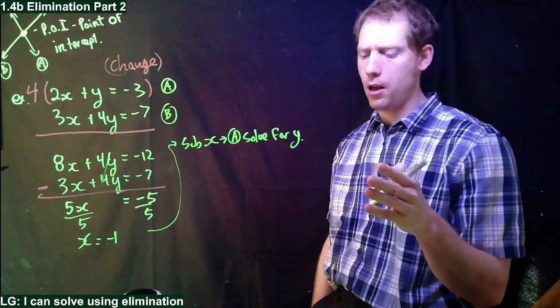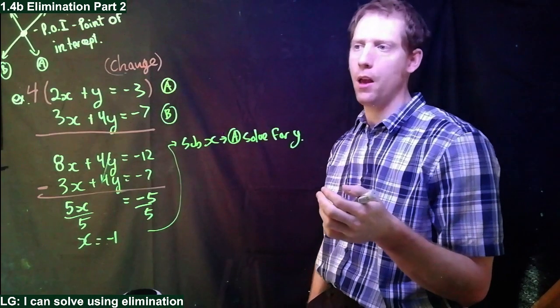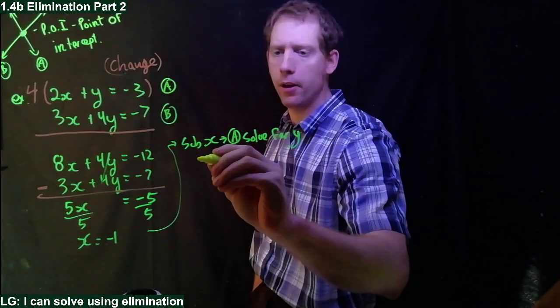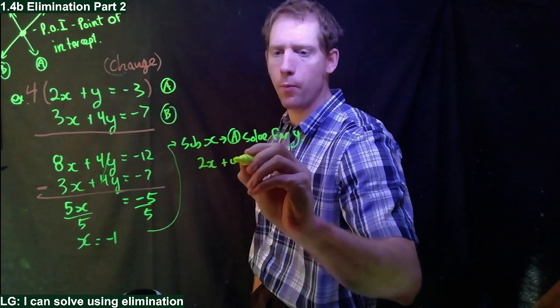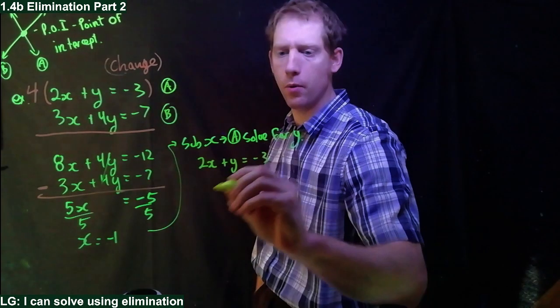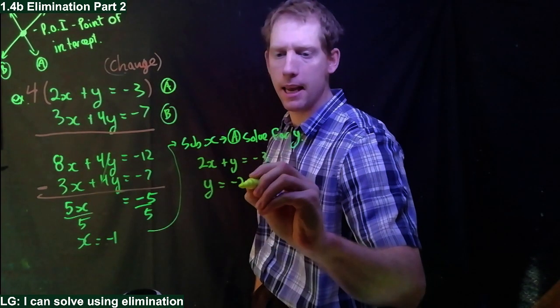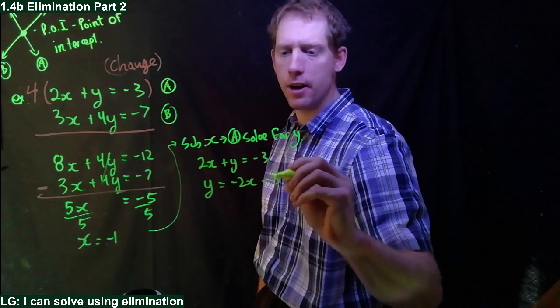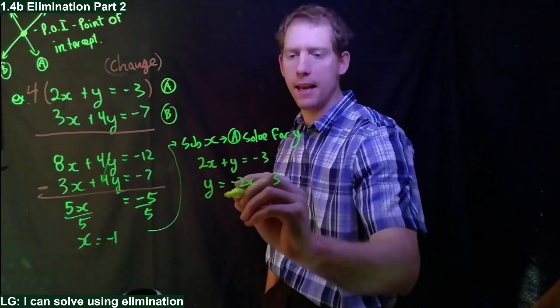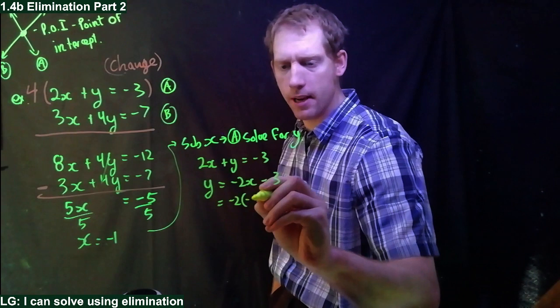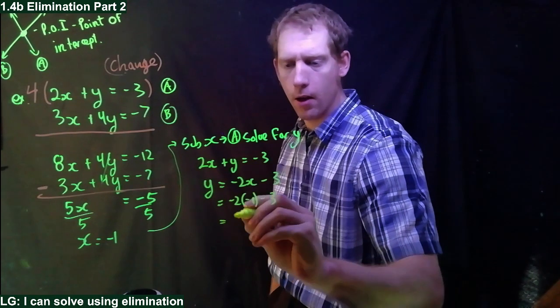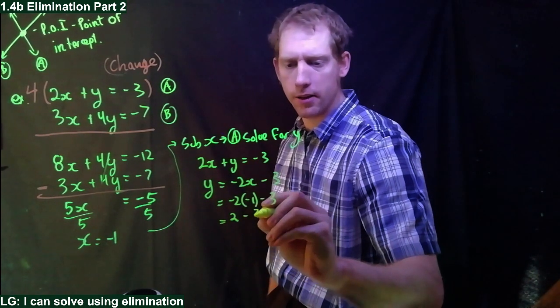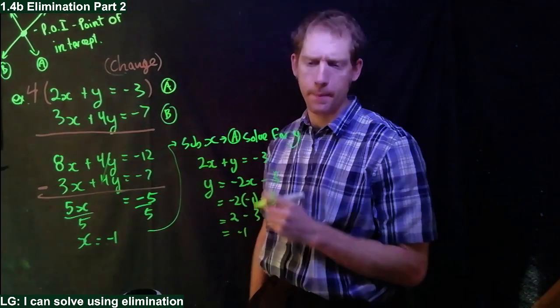There's always an x and y variable in this case. So I have 2x plus y is equal to -3. I just want to find out what y is. y is equal to -2x minus 3. Substituting that in, y is going to be -2 times -1 minus 3. 2 minus 3, we get -1.